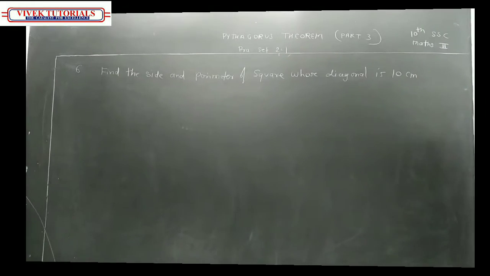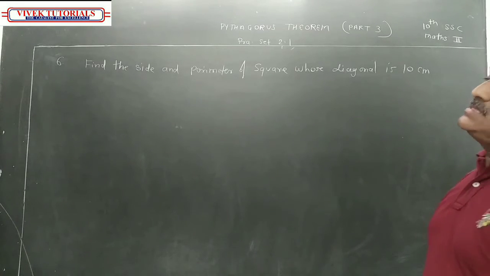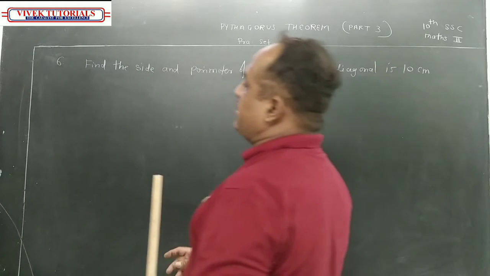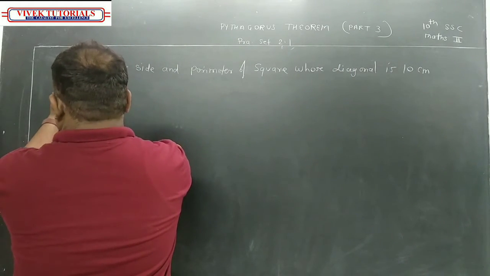Number 6. Find the side and perimeter of a square whose diagonal is 10 centimeter. That indicates we have to draw the figure of a square first.